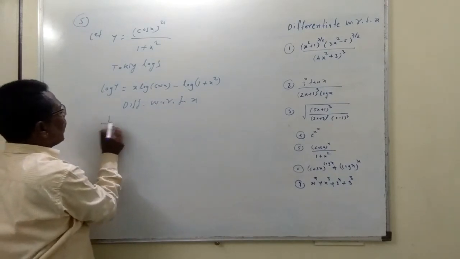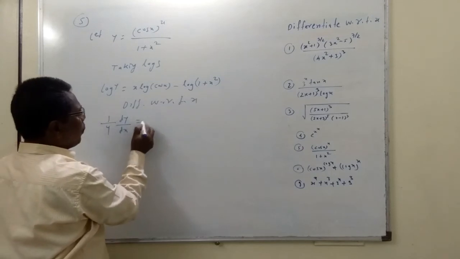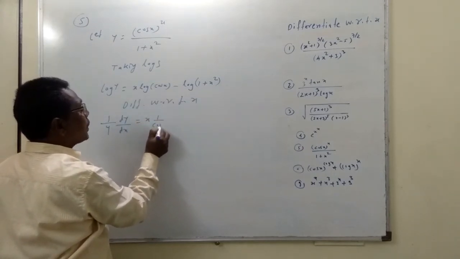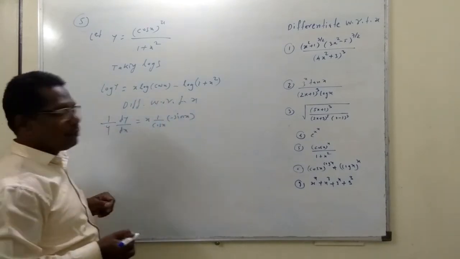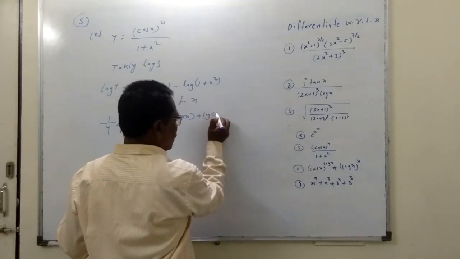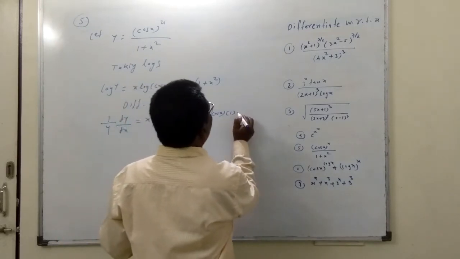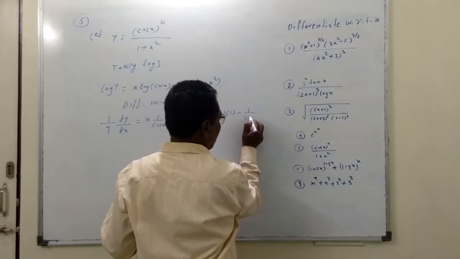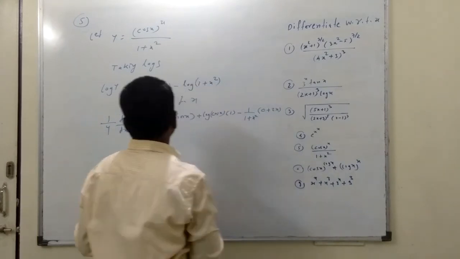So the derivative of log y is 1 upon y dy by dx, equal to, here you use the formula: x constant, derivative of log is 1 upon cos x, and the derivative of cos x is minus sin x, composite function, plus log of cos x constant, and the derivative of x is 1, minus the derivative of log, which is 1 upon 1 plus x square, into the derivative of 1 plus x square, which is 2x.